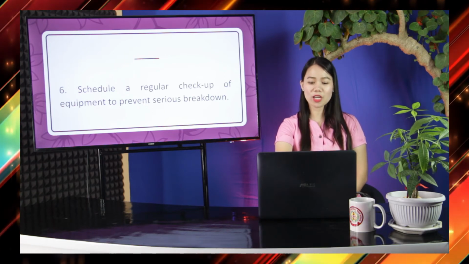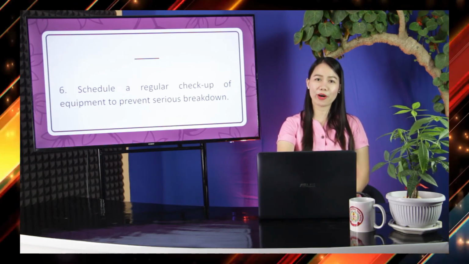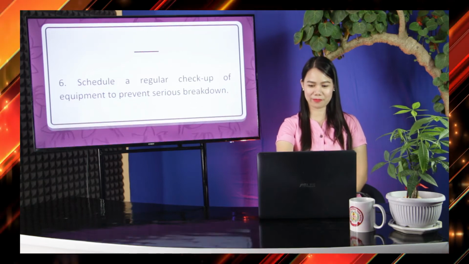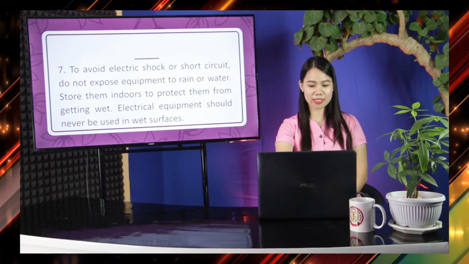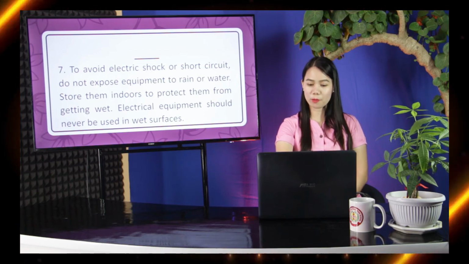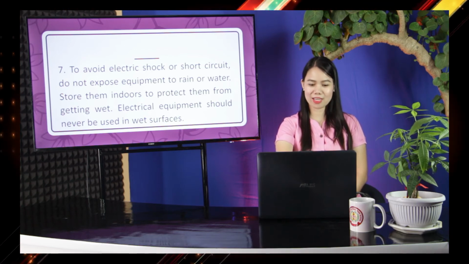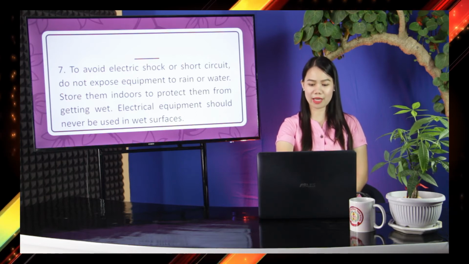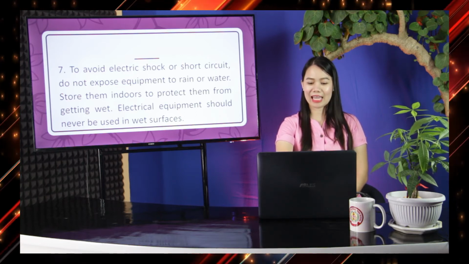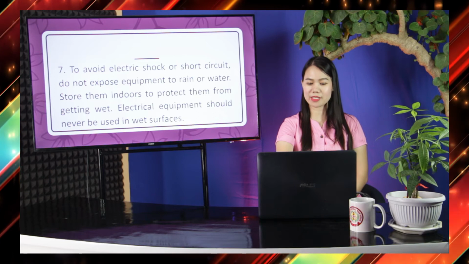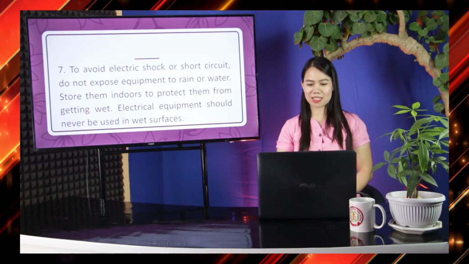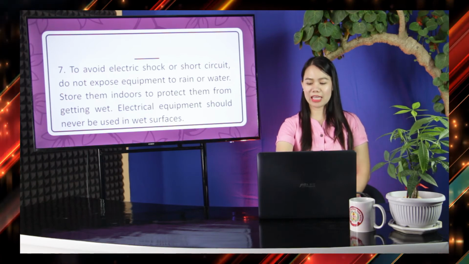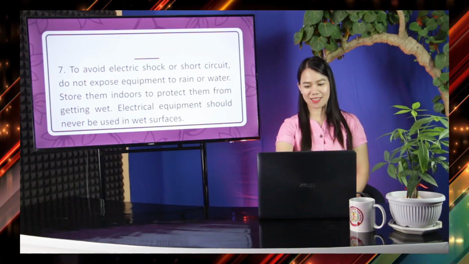So we need to check our equipment before and after using it. Number 7. To avoid electric shock or short circuit, do not expose equipment to rain or water. Store them indoors to protect them from getting wet. Electrical equipment should never be used on wet surfaces. So those are the different general rules in cleaning our equipment.